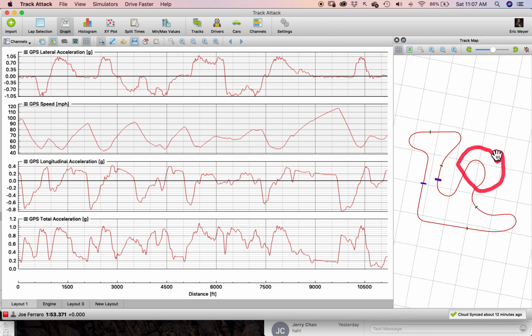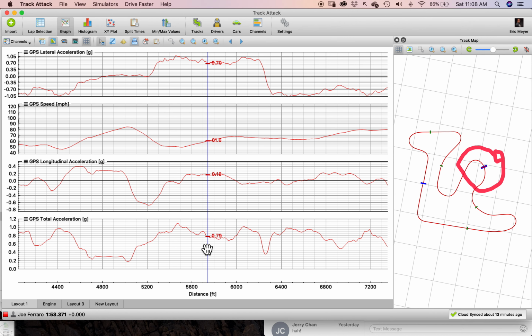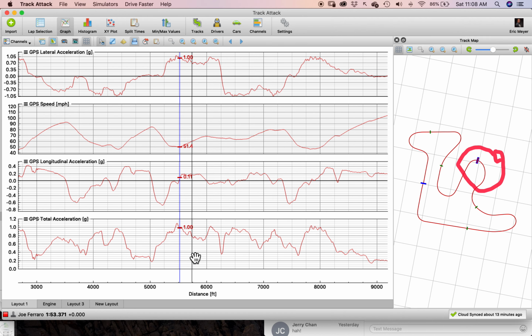Okay? Going back to the sample corner. All right? And if you remember, I'll zoom in on it. If you remember, okay, zoom in. Apologies.